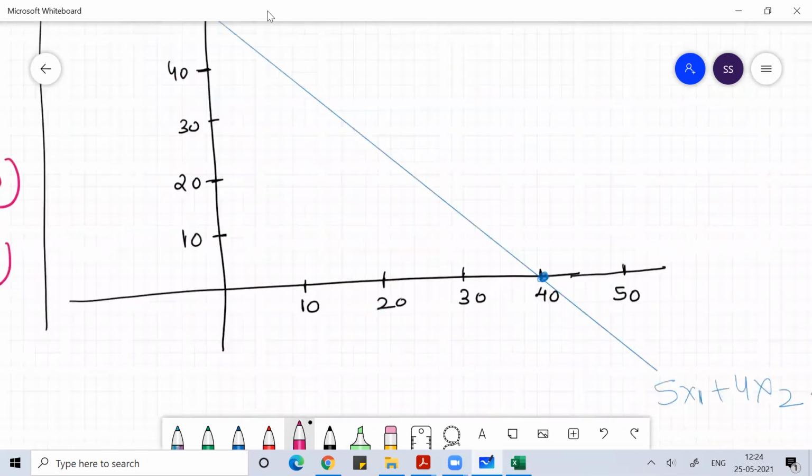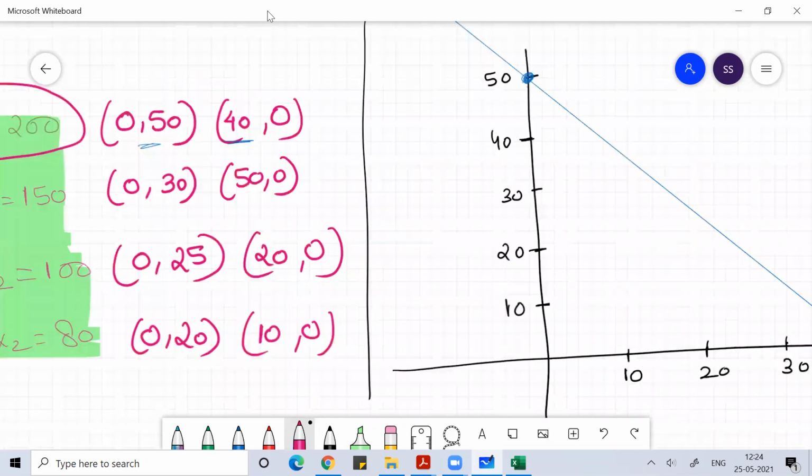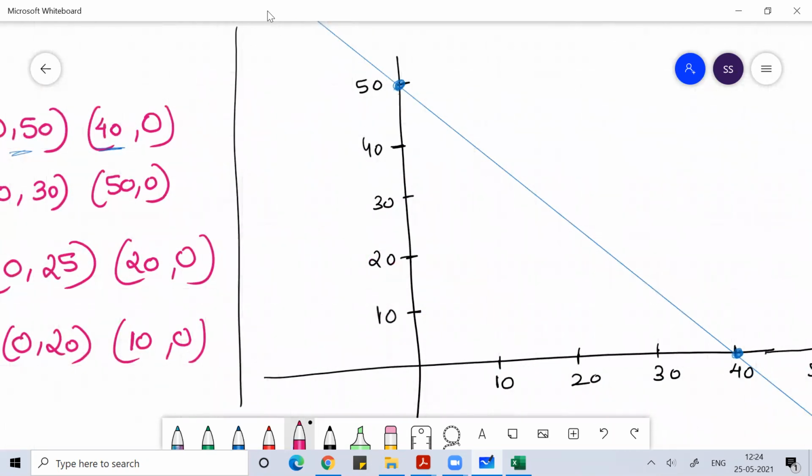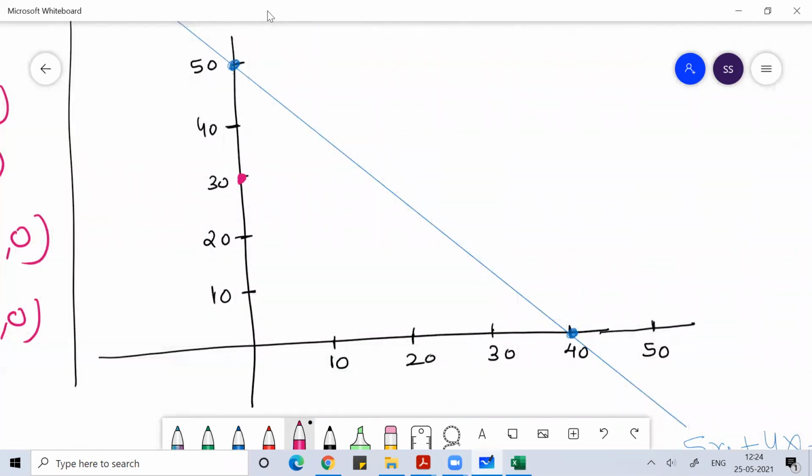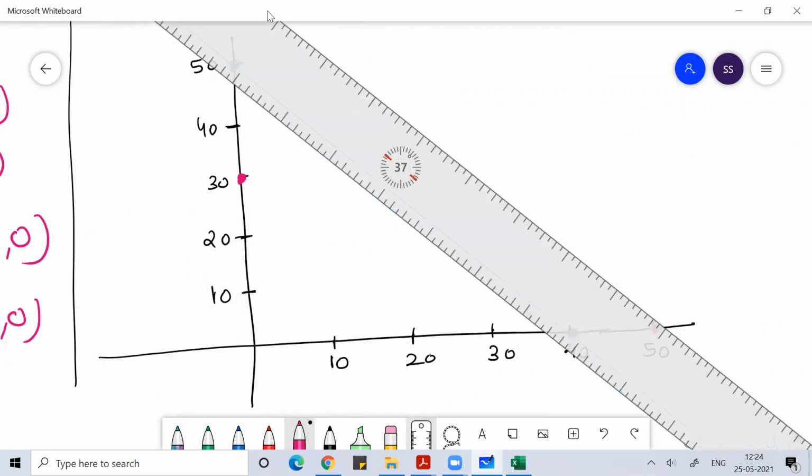Once you're done with this, now I'll focus on the second line of the equation. The second line has points 0 comma 30 and 50 comma 0. Again, I'll draw the line. Simple.